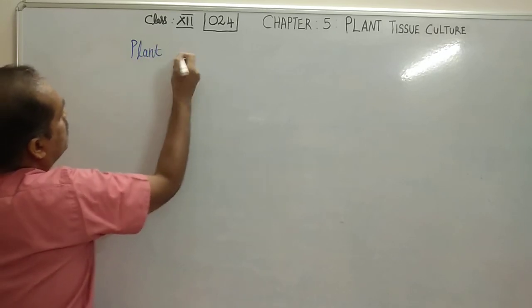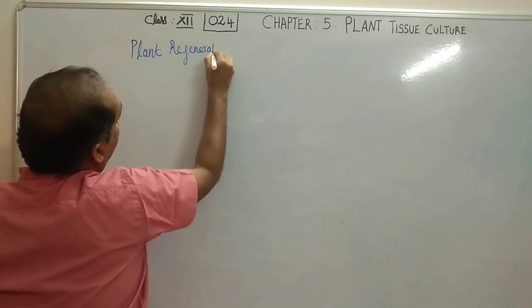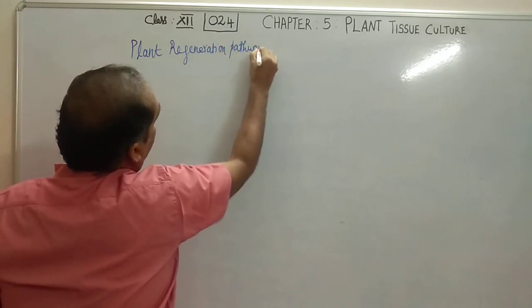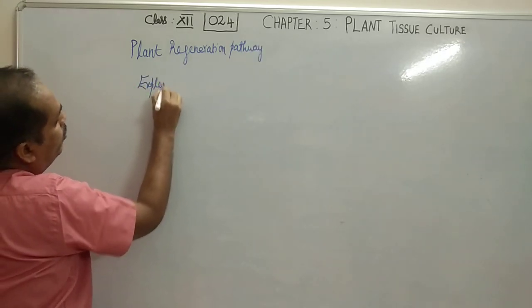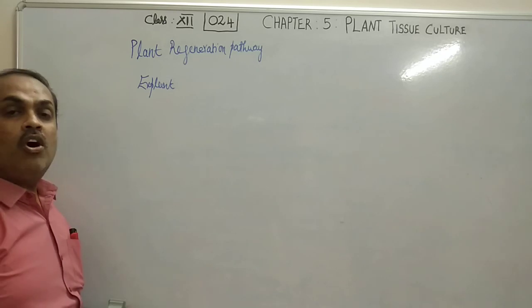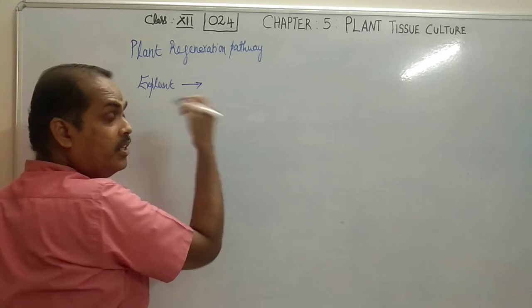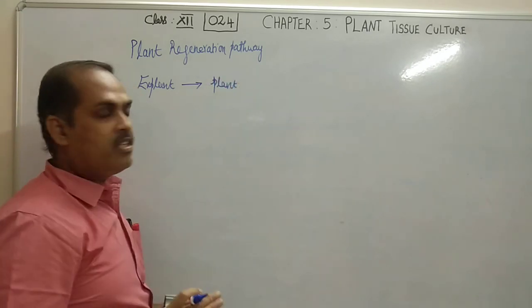The next topic is plant regeneration pathway. Now as we all know, explants play a very important role in the regeneration of an entire plant. This explant can be regenerated into an entire plant by two important processes.